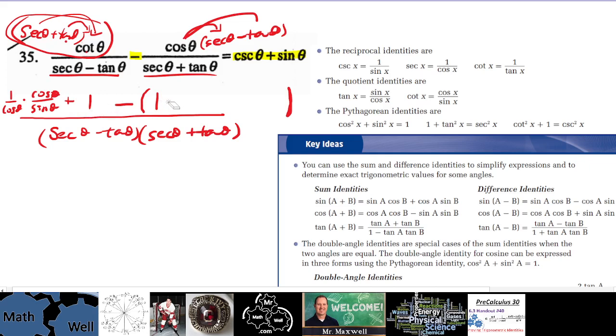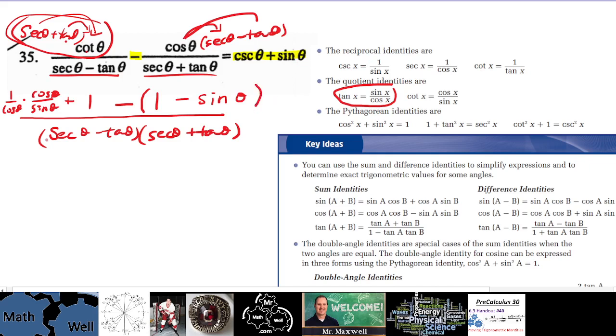Okay, so back over here, then cosine times tangent. Tangent is right here, sine over cos. So cos times sine over cos is actually just what? It's just going to be sine. Does that make sense? Is that okay?